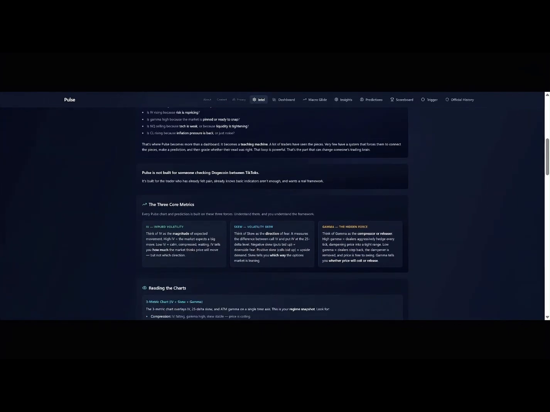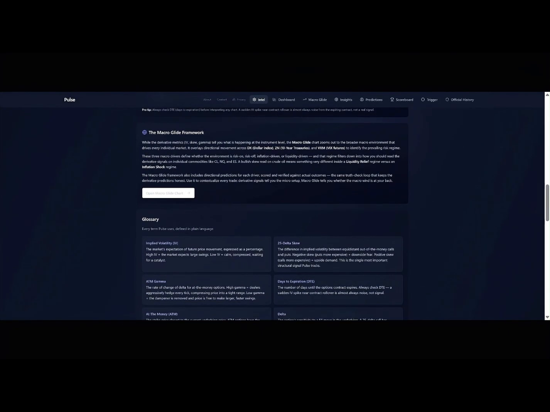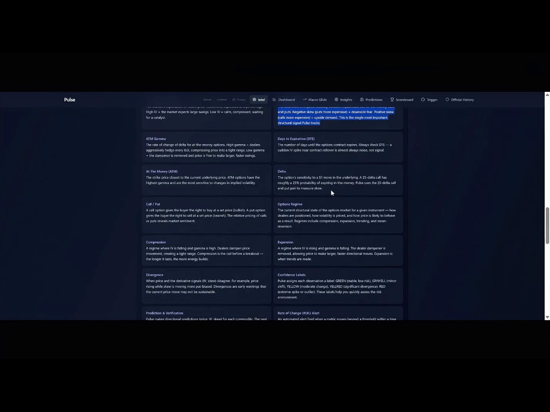So why do we focus specifically on 25 Delta? First, let's quickly discuss Delta. Delta measures how sensitive an option is to changes in price. A 25 Delta option roughly implies approximately 25% probability of finishing in the money.